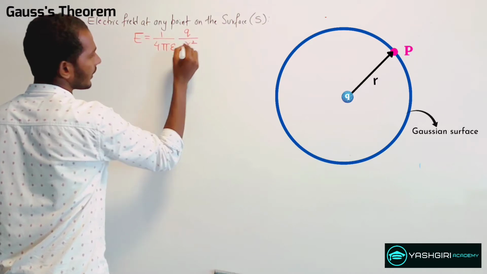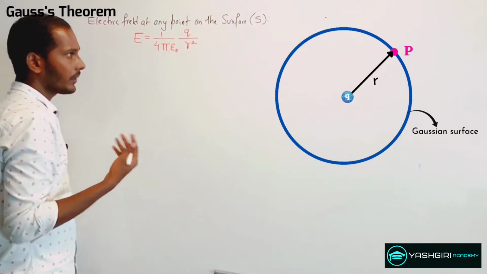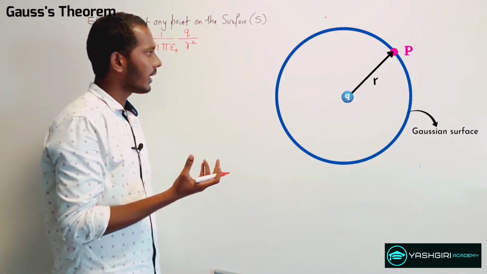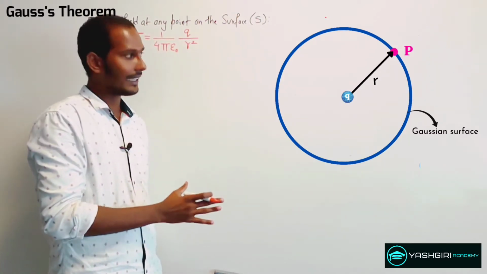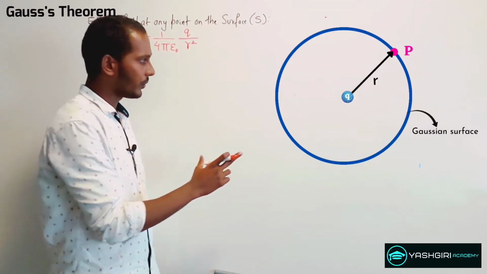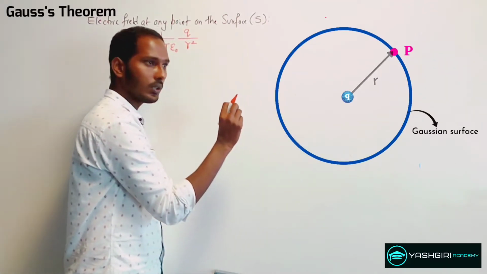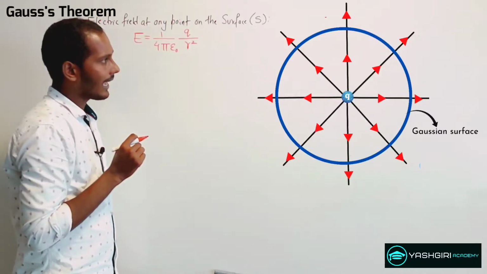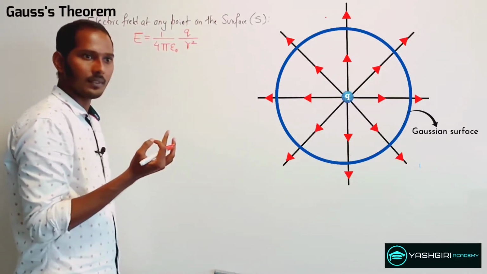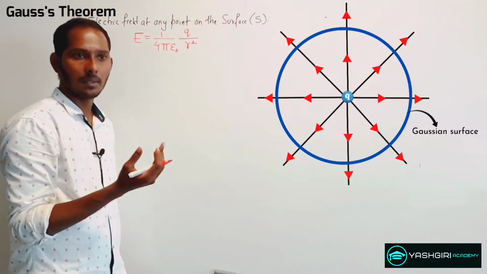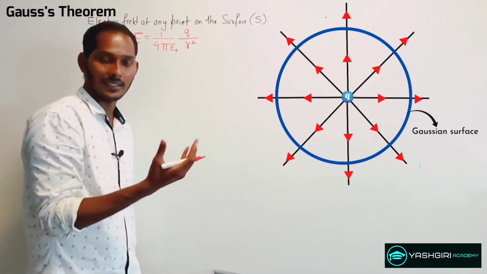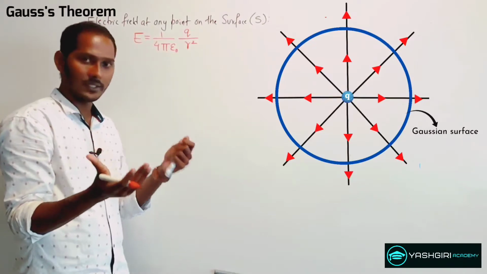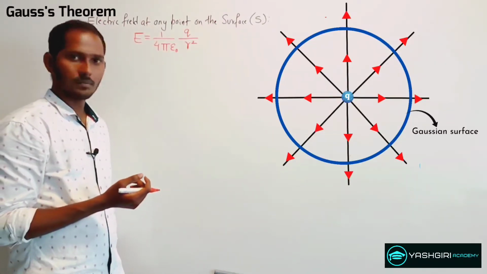Now here we are interested in the electric flux. If you see the direction of the electric field lines due to this positive charge, they will be pointing radially outward. And the electric flux is nothing but the number of electric field lines crossing a cross-sectional area.